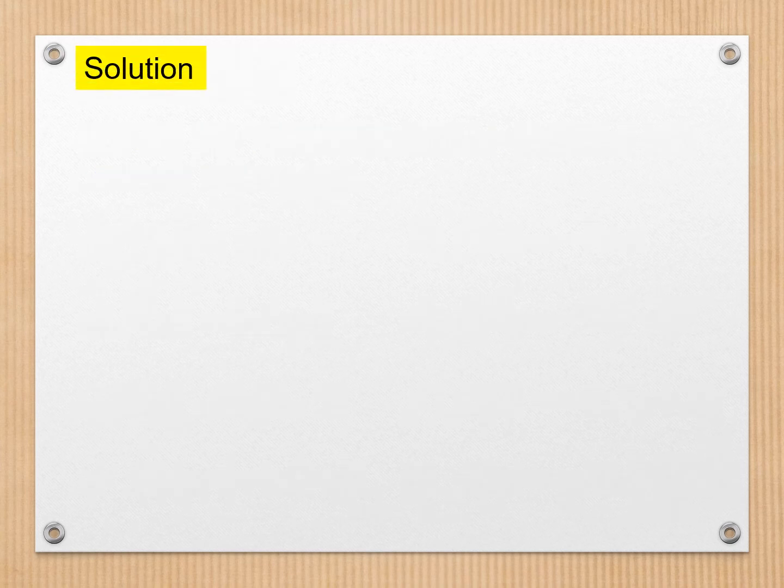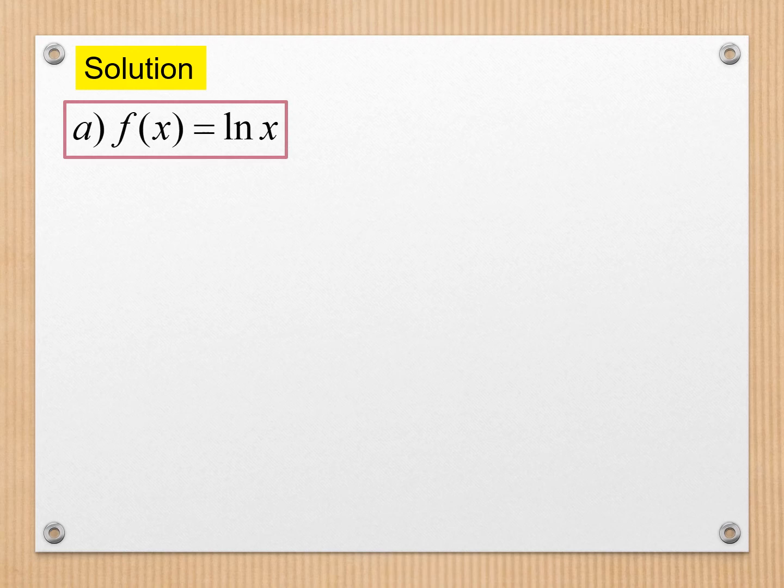Let's look at solution A. f(x) equals ln x. So ln x is log base e of x. Since e has the value 2 point something, the base is more than 1. If the base is more than 1, the graph is moving up.